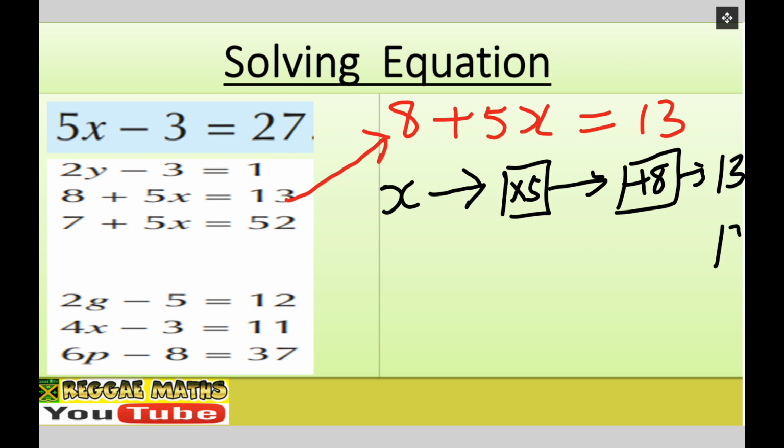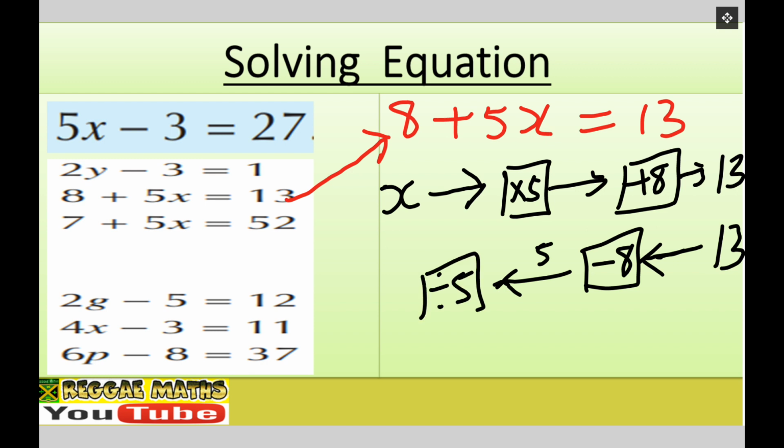Now working in the opposite direction, 13, I'm going to take 8 away from 13. My answer is 5. Then divide by 5. My answer is 1. So x equals 1.